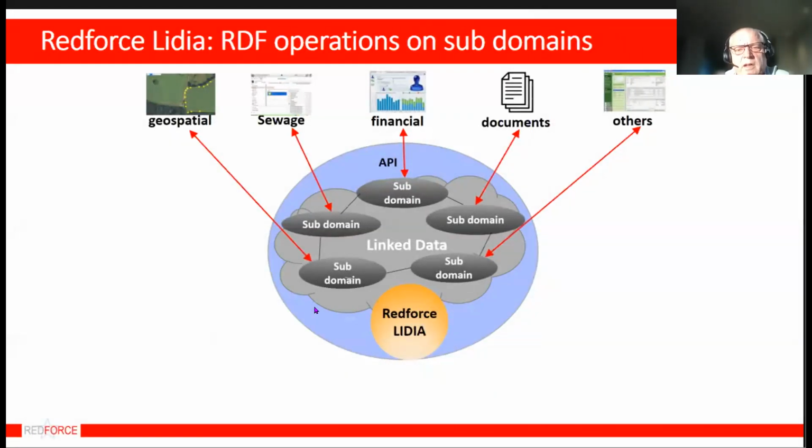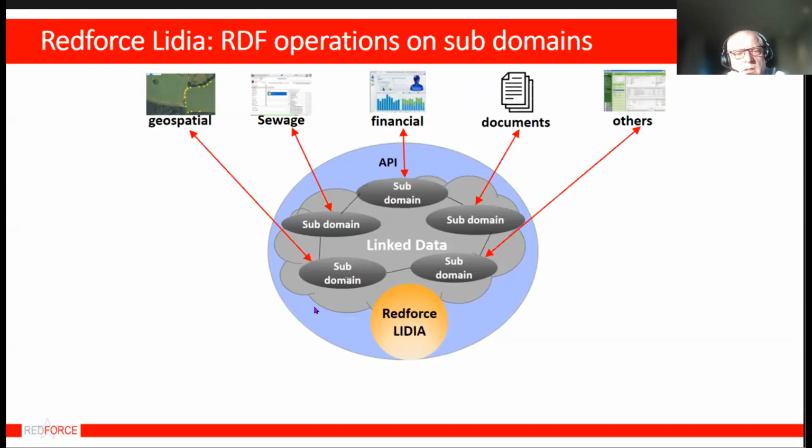So RDF, in fact, operates on subdomains. And there are out there a lot of ontologies, models, in fact, which are freely available and which you can use for these subdomains.